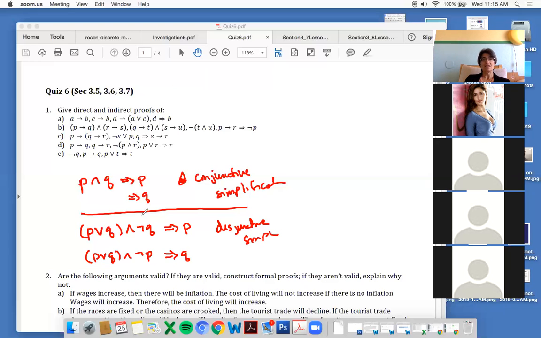But you need to know the second bit. If you don't know that not Q is true, then you can't separate it. For conjunction, you separate them straight away because they both need to be true. But for disjunction, you can only tell that P is true if you know that Q is not true.